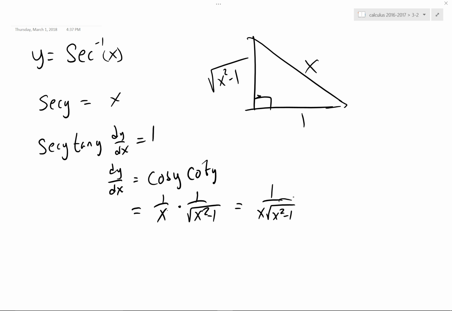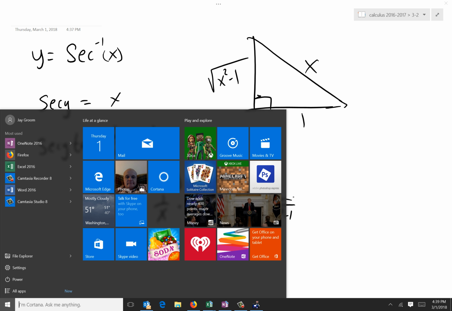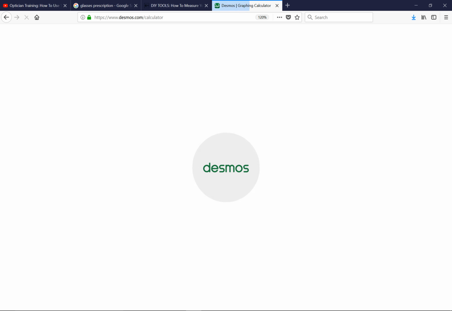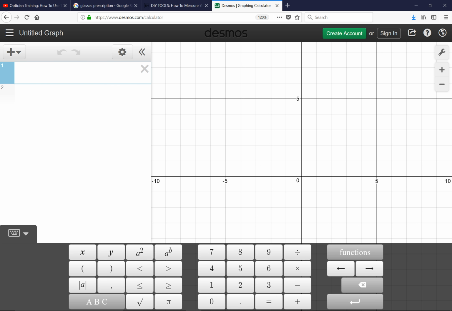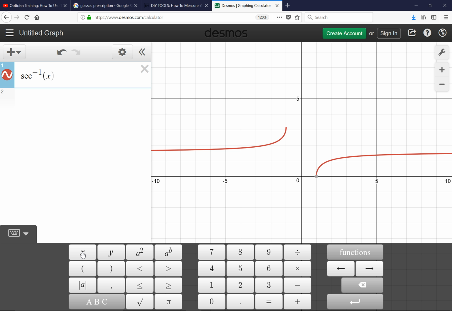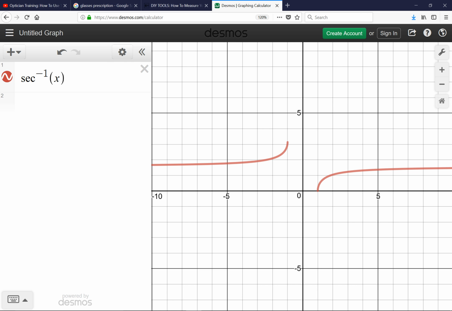If you were to go to, if I can find my stupid, oh, wait, there it is. I found it. Oh, Desmos, where art thou? So if you go to inverse secant of x, it looks like this. Notice that it's always an increasing function. Do you notice that? That's kind of important.